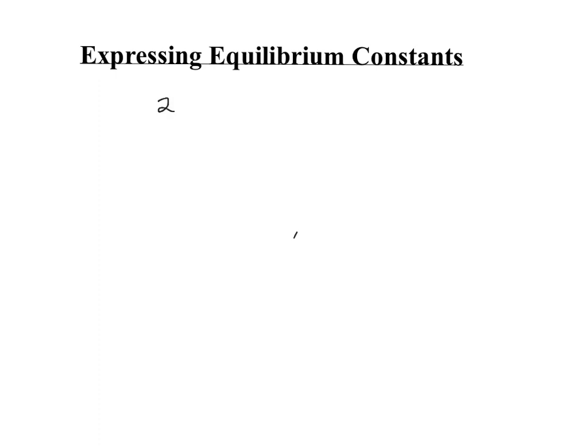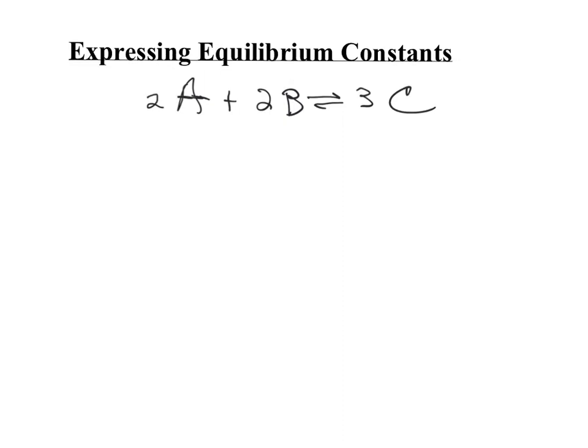So let's say I had 2 molecules of A that react with 2 molecules of B, and let's say they form 3 molecules of C. It's an equilibrium, so let me change the arrow. It's not a one-way arrow anymore, it's a two-way arrow. Based on what I told you before, if we want to calculate the Kc, for concentration, we can take the concentrations.